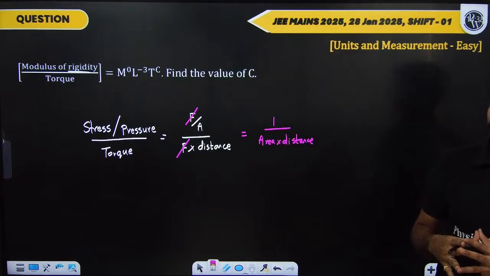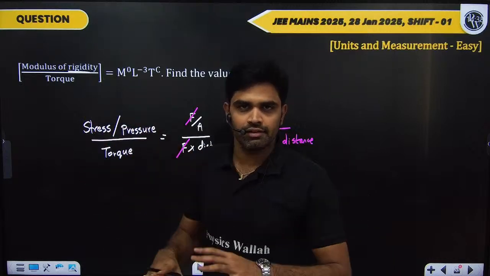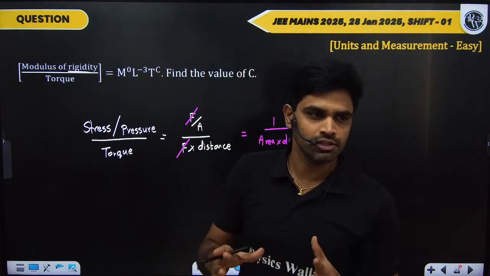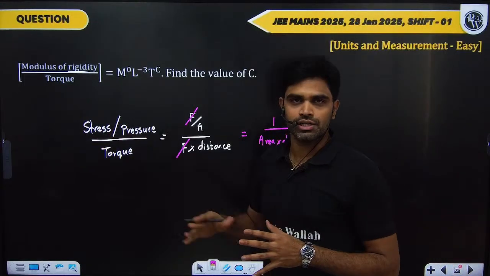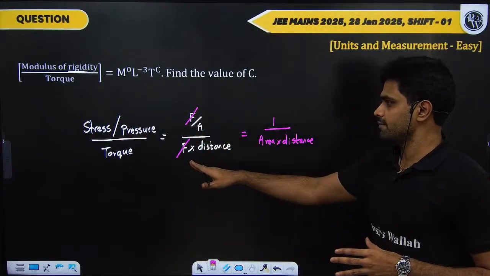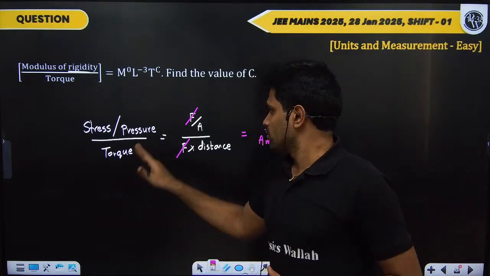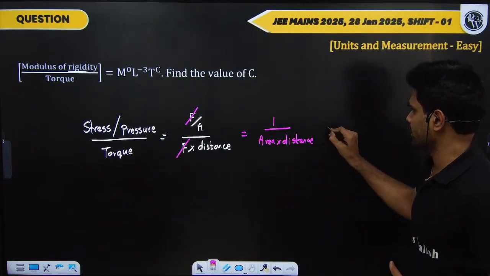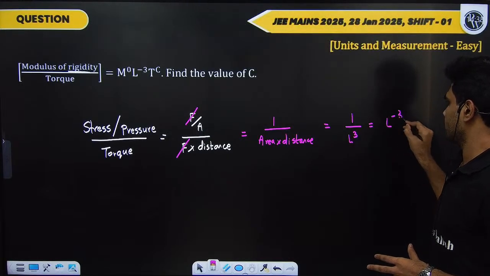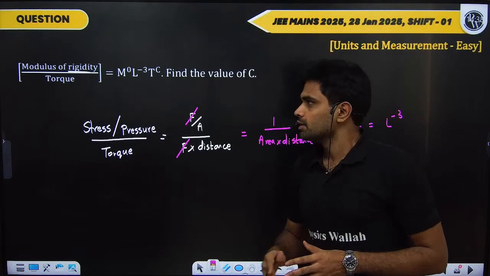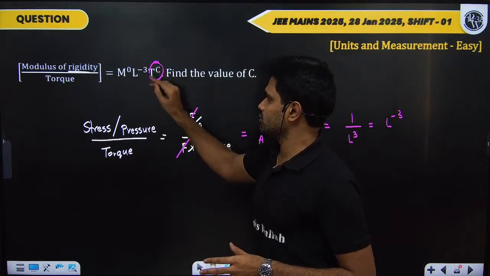A straightforward question: modulus of rigidity. In fact, any modulus, modulus of elasticity, bulk modulus, any modulus will have the same dimensions as stress, force per area. Torque is force times distance, and force cancels. What we are getting is L cube by L cube, so L power 0, M power 0 and T power also 0.